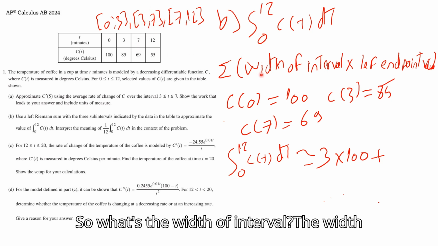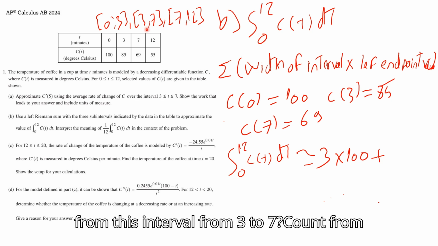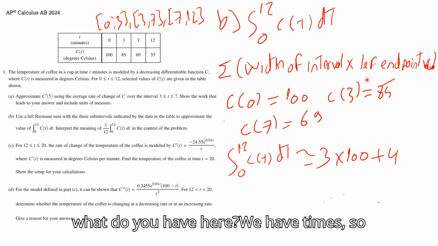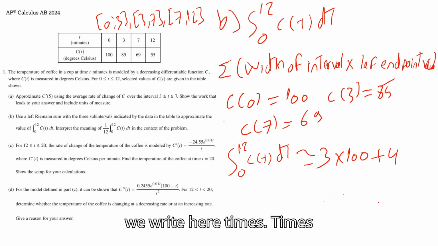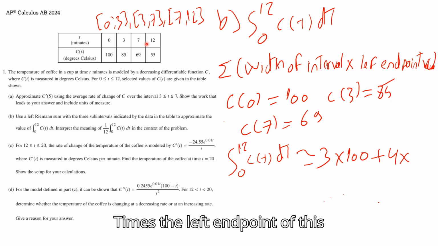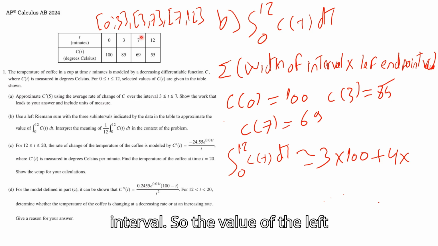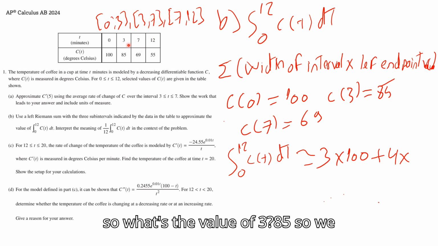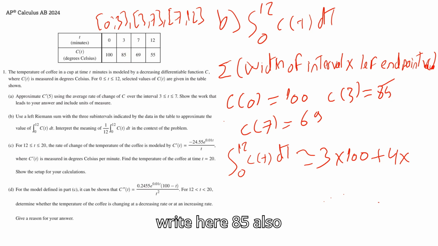The width from 3 to 7 is 4, times the value at the left endpoint 3, which is 85. So 4 times 85. Also, we write plus.